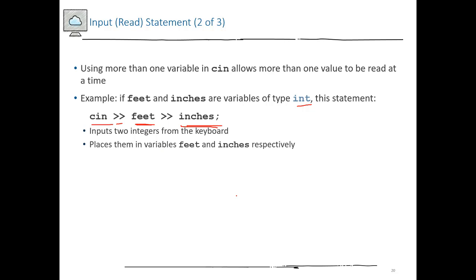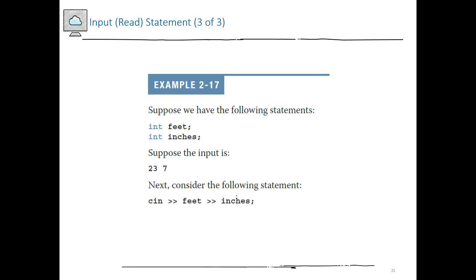As a programmer, you have to let the users know, please enter two integers separated by a space, and that way the program works perfectly. For example here, you have declared two integers in your program, feet and inches, and the two inputs are coming in as 23 space 7, and 23 goes into feet, 7 goes into inches.